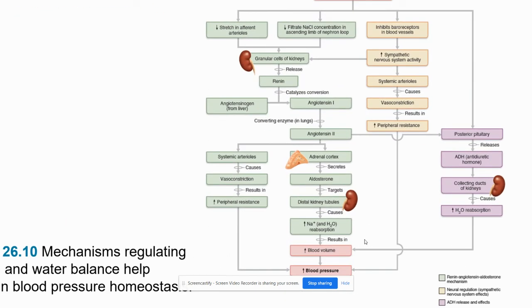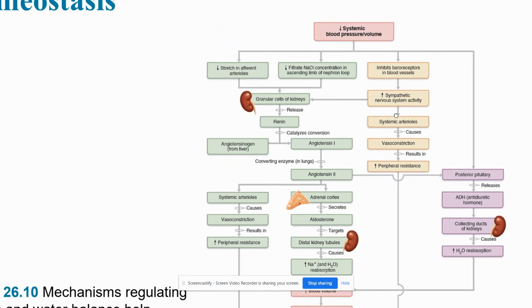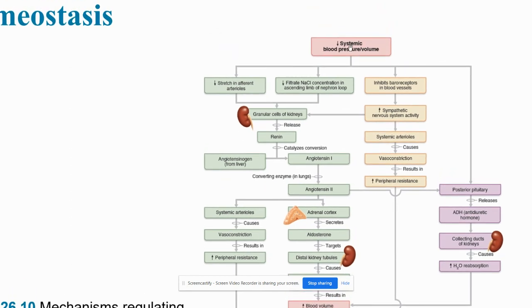So let's look at this. We have a decrease in systemic blood pressure or blood volume, and under these conditions, there would be a decrease in filtrate sodium chloride concentration. This is going to cause the granular cells of the kidneys to release renin.